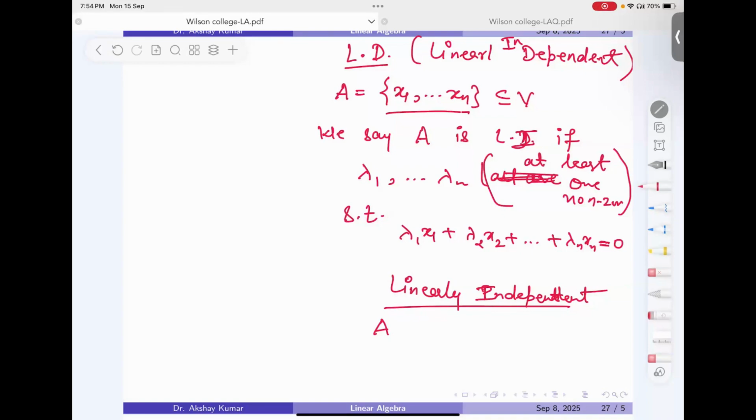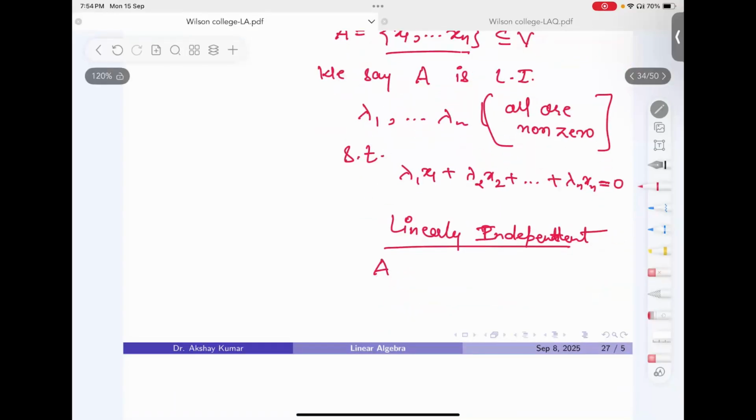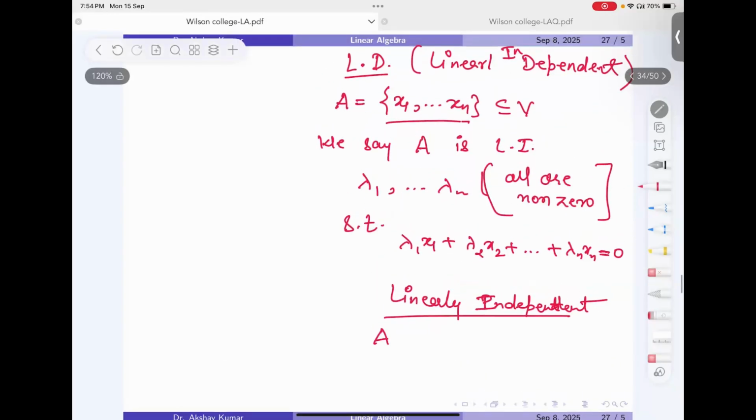For independent, this should be all, all are zero, and this should be satisfied. Okay, this is correct.